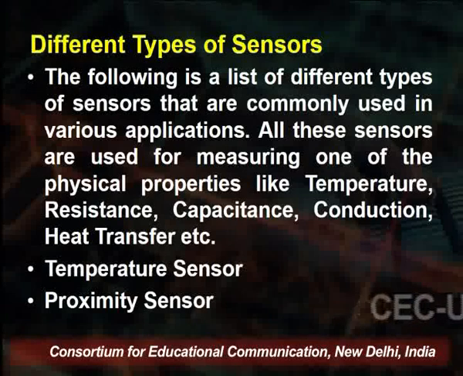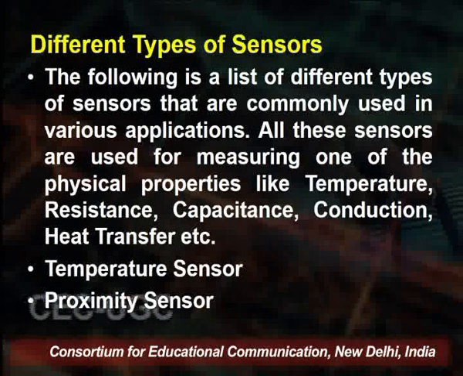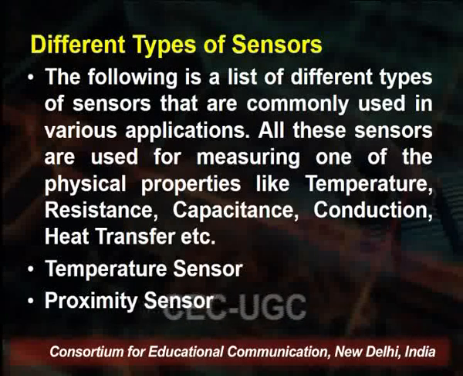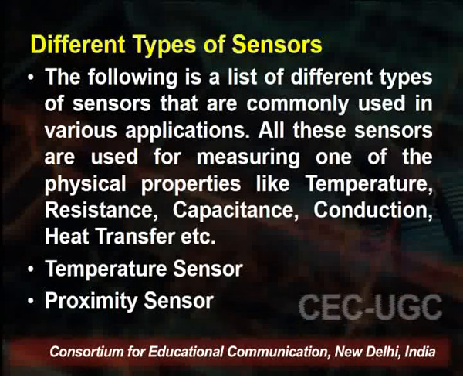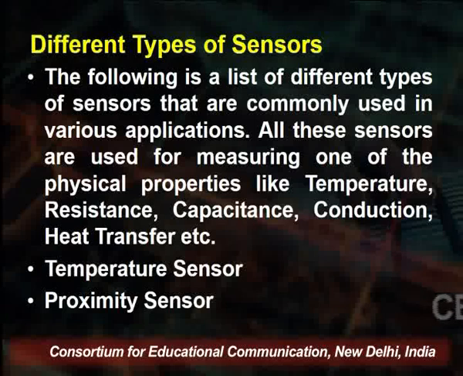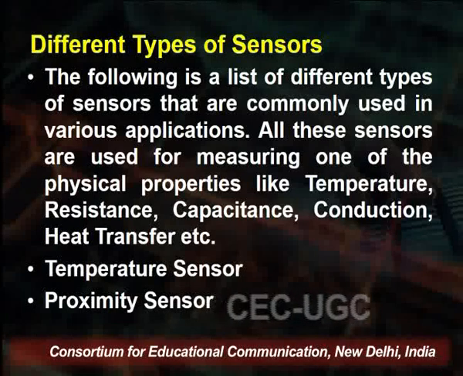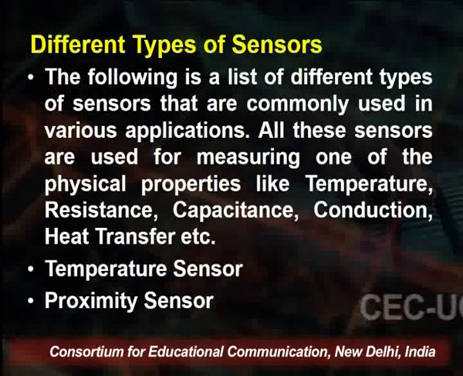Different types of sensors based upon the applications are defined here, like there are many types of sensors. All these sensors are used for measuring one of the physical properties, and we get the output in another form, like in a control system, where the output will be an electrical signal.